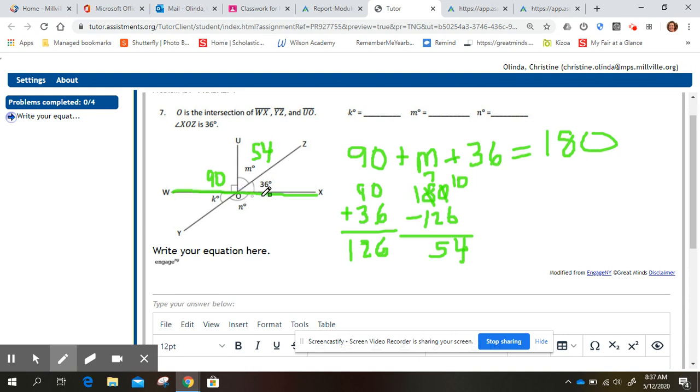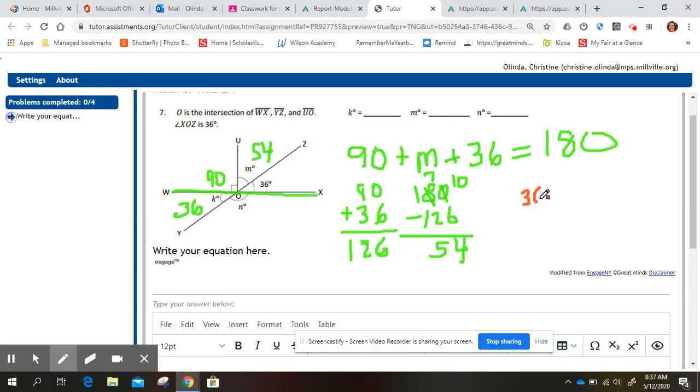All right, so now I can do the same thing here. If ZOX is 36, the complementary angle right across from it would also be 36 degrees. So K would be 36. And now I can find the same thing here. If this whole line has to be 180 degrees, 36 plus N will equal 180 degrees.